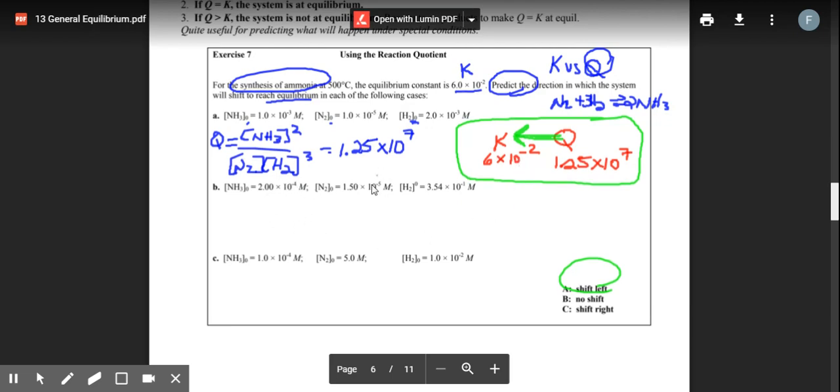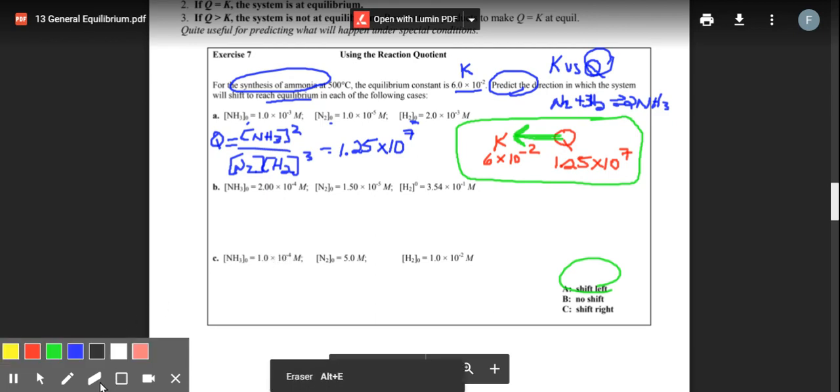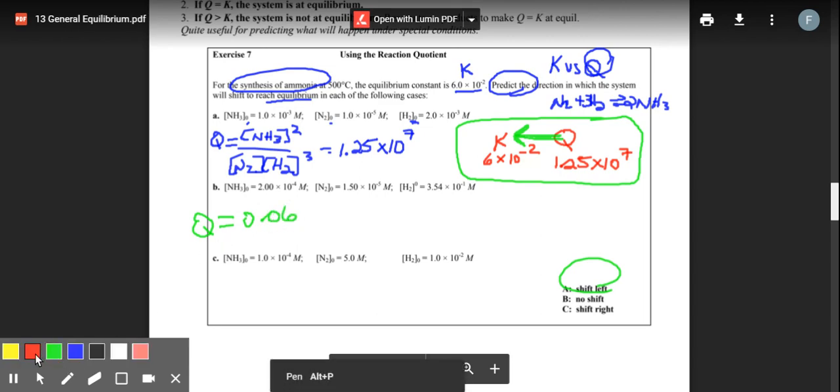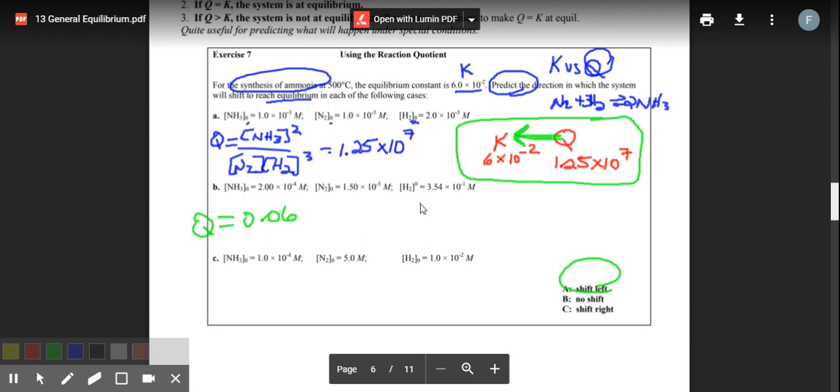So let's do B and C real quick and figure out which way we're going to shift. Since I've already written my expression down right here, I'm just going to plug in those numbers. And when you plug in those numbers, you end up getting a Q value that is equal to 0.06. So now we have to compare that to K. Again, I write my K value first, 6 times 10 to the negative 2.